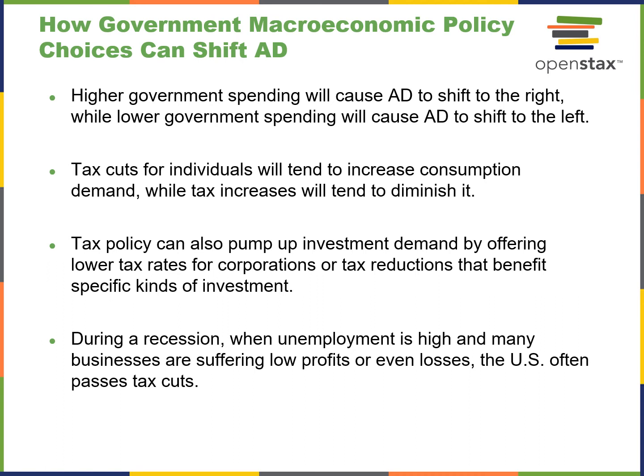Tax policy can also pump up investment demand by offering lower tax rates for corporations or tax reductions that may benefit a particular type of investment. During a recession, unemployment is high. Many businesses are suffering low profits or even losses. The U.S. often, in response, will pass tax cuts, as we have seen within the last few years.